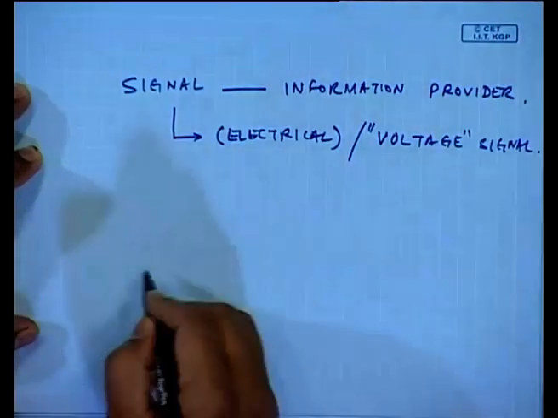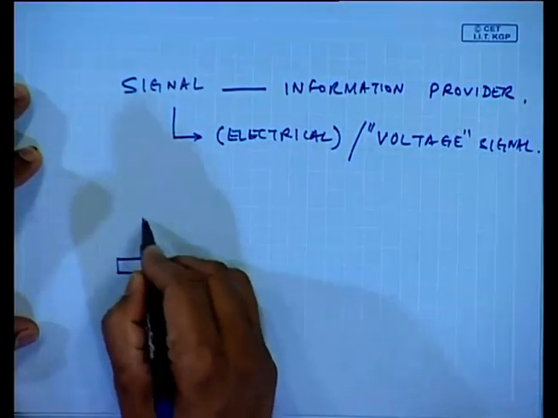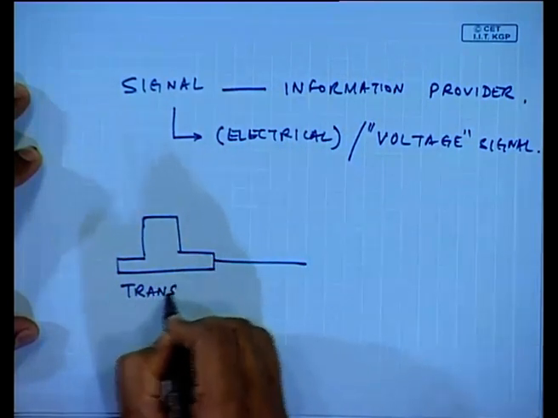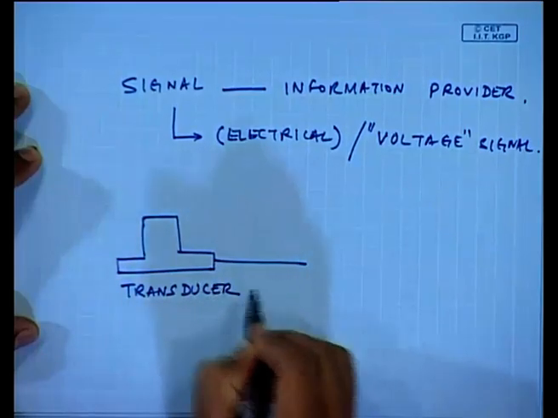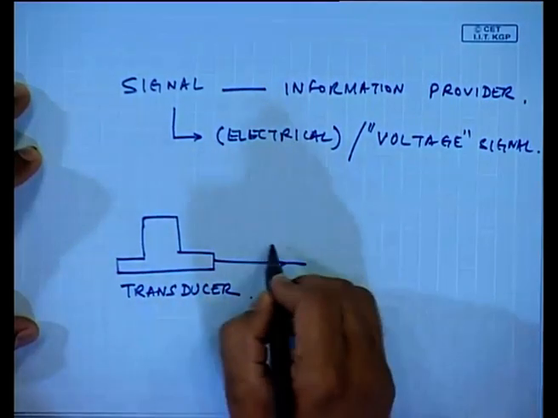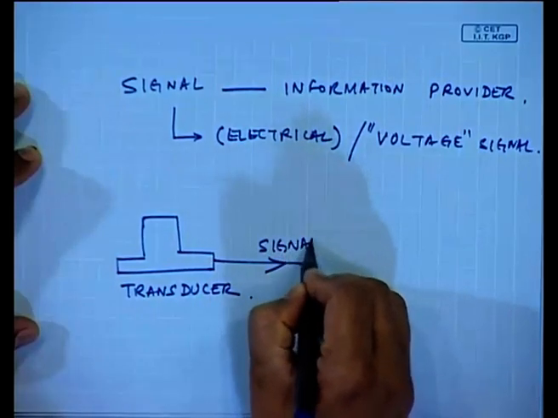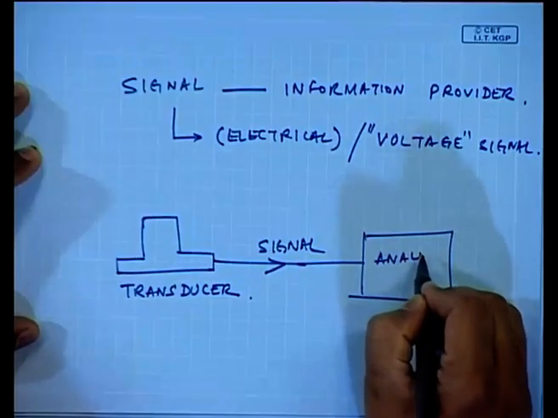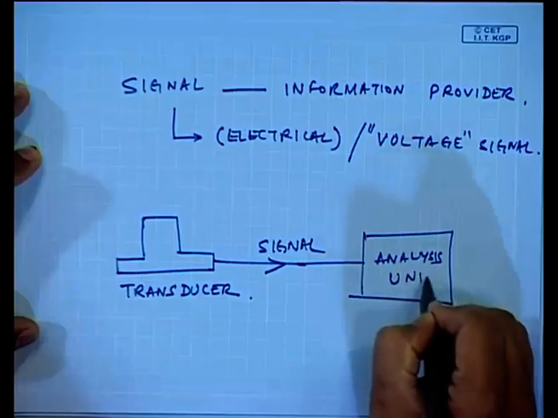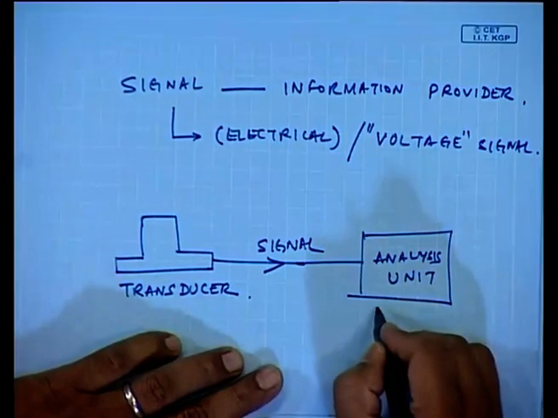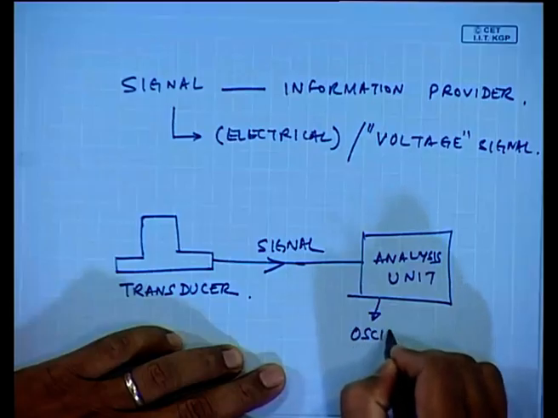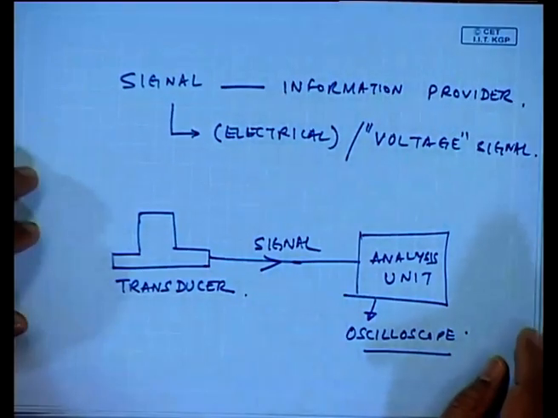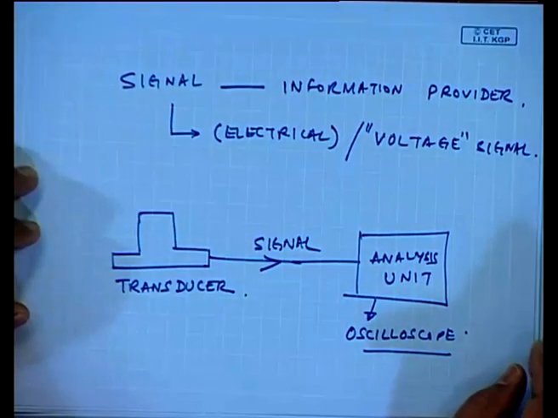So, from a transducer, I will get certain information or signal, and then this will come to an analysis unit. To begin with, this analysis unit could be a simple oscilloscope. I am sure all of you must have used an oscilloscope in your electrical engineering lab. So, what do we see in an oscilloscope?